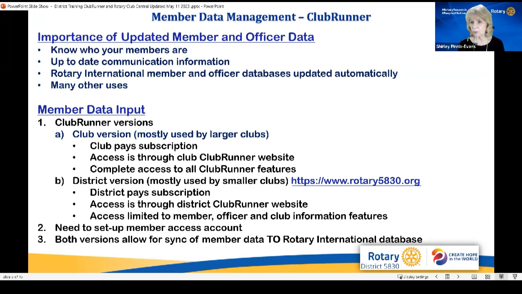So you might ask, why do the members need to keep the same RI number? When a Rotarian makes a donation to Rotary Foundation, then that donation is matched up with the Rotarian's RI number.